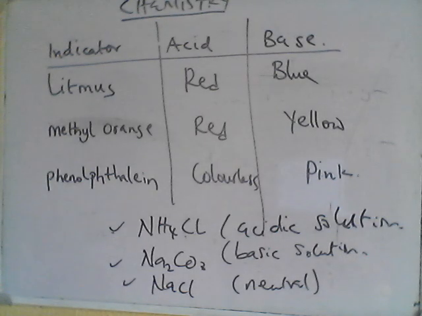Okay, so bases or alkalis produce hydroxyl ions, and the pH is greater than 7. So it is bitter, and the litmus paper is blue when you put this substance on it. Salt is just a metal that replaces hydrogen in acid.